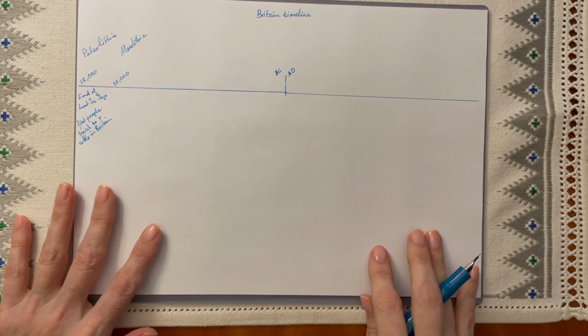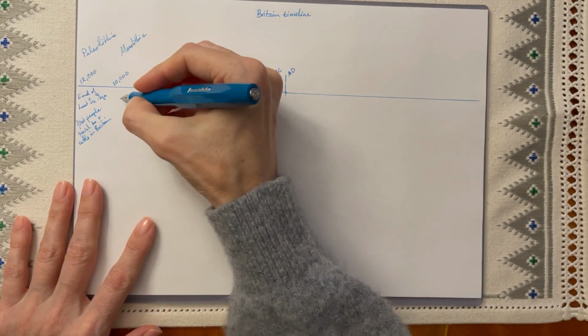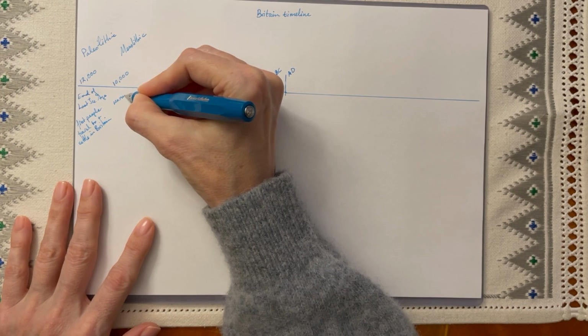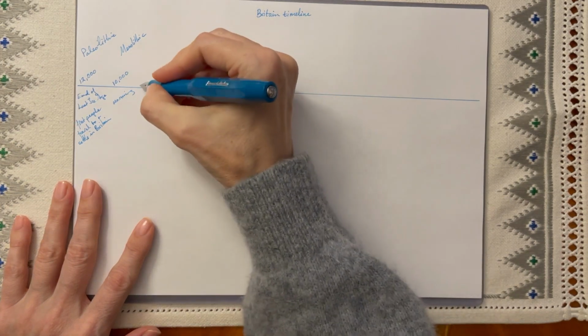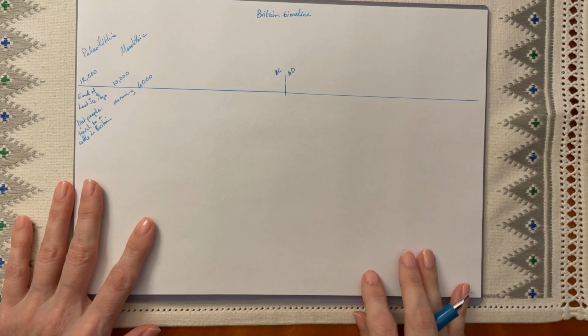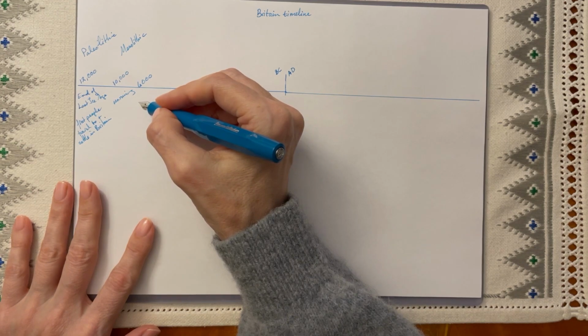Mesolithic Era or Old Stone Age, Britain experiences a warming climate. 6000 BC, very significant date.